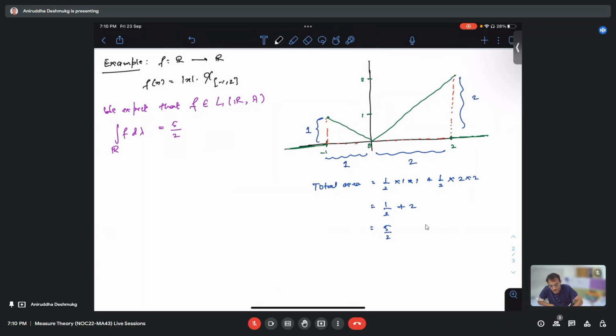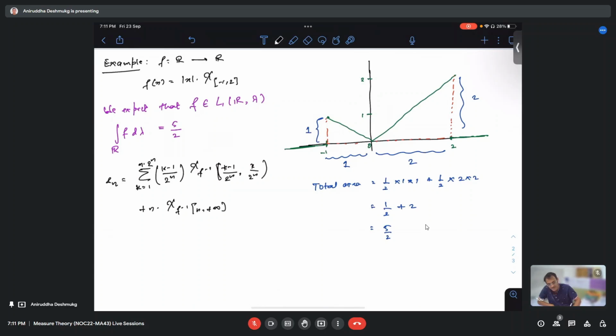Again, what we want to do is approximate this f using simple functions. So the general formula is the sum over k from 1 to n times 2 to the power n, of (k minus 1) by 2 to the power n, times chi of f inverse of [(k minus 1) by 2 to the power n, k by 2 to the power n), plus n times chi of f inverse of [n, plus infinity).